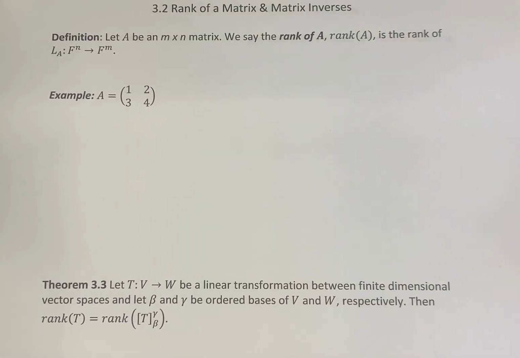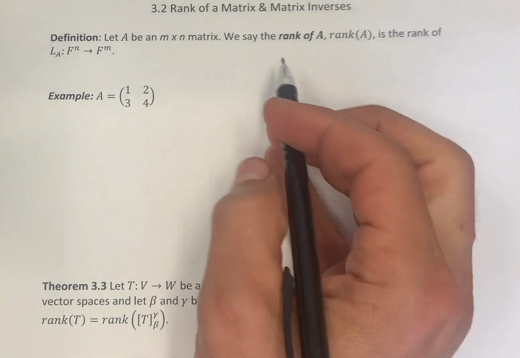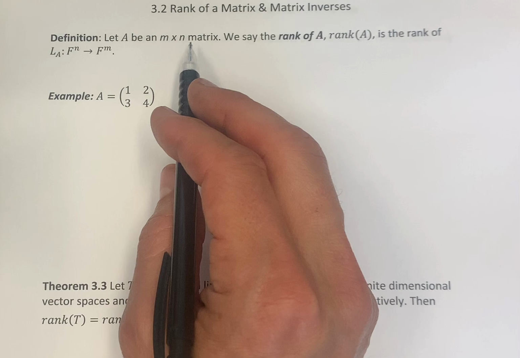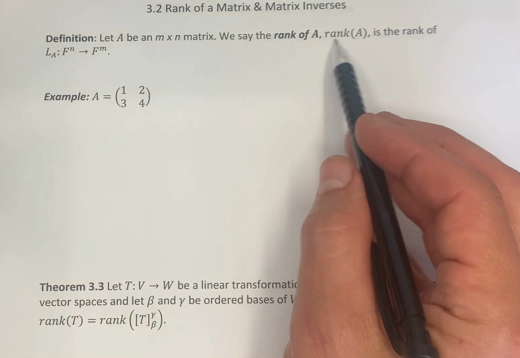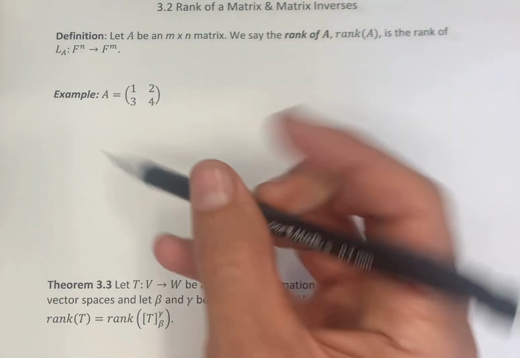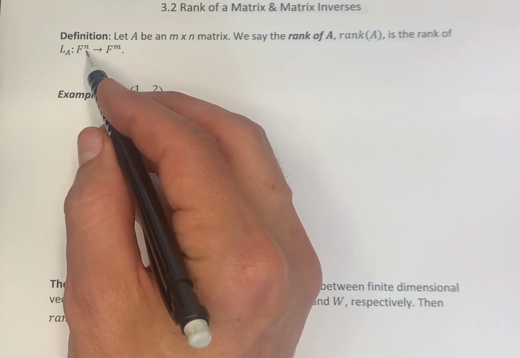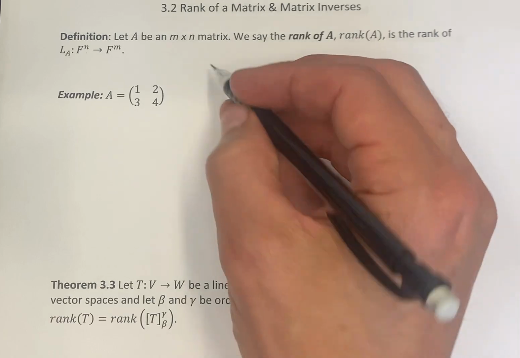Let's chat about the rank of a matrix. We say that if A is an m by n matrix, the rank of A, denoted rank A, is the rank of the operator that is left multiplication by A, that goes from F^n to F^m.